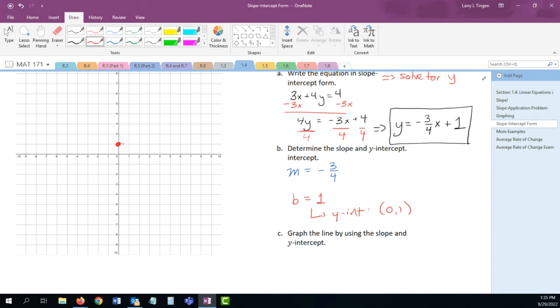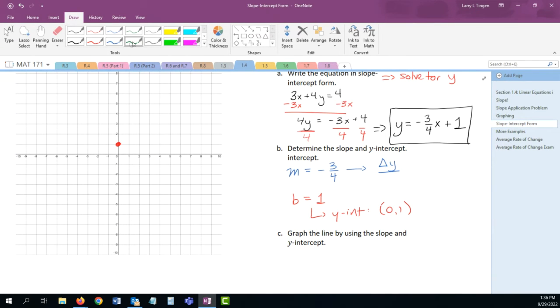So if I know one point that's on the line, I can follow the slope and I know I'll hit the line again. All right, so my slope is negative 3 over 4. Now remember that this means change in y over change in x.